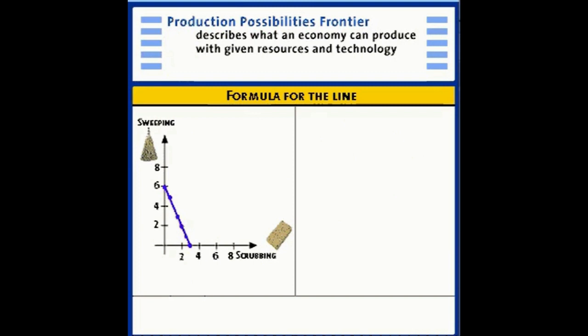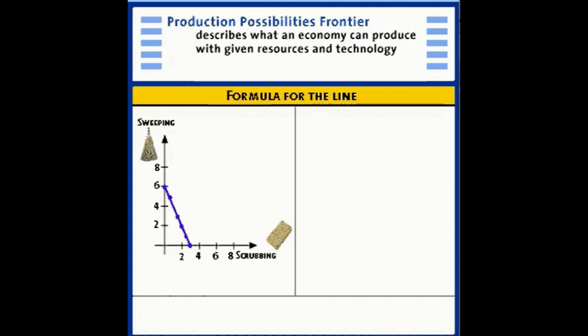What I'm about to do is simply transpose the axes. I'm going to convert this diagram from one with scrubbing on the horizontal to one with scrubbing on the vertical. Bernie still has the same productivity, no matter how we express it. Bernie can still do the same combination of sweeping and scrubbing, but I'm just going to change the way I write it. And it's going to be as easy as picking this graph up and flipping it over so that the scrubbing axis is vertical and the sweeping axis is horizontal.